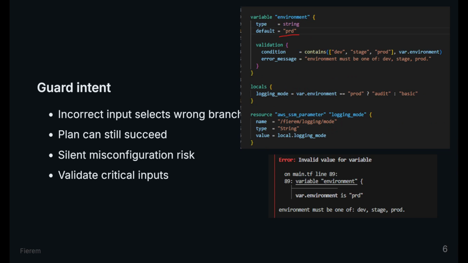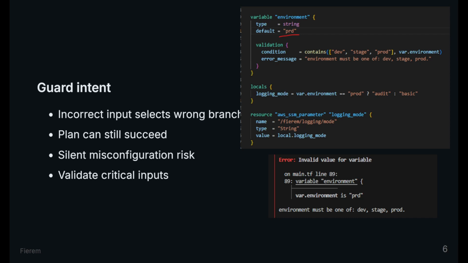The sharpest risk appears when engineers use a conditional to control count, creation intent, or environment-sensitive behavior without validating the input. A mistyped environment, like PRD, can silently route configuration into the false branch. That can disable protections while still producing a successful plan.